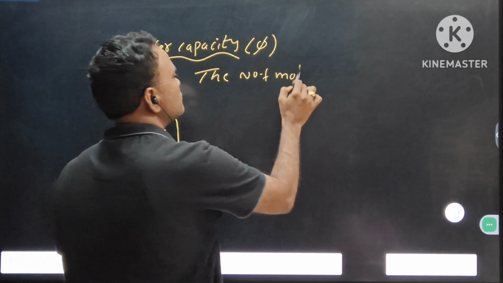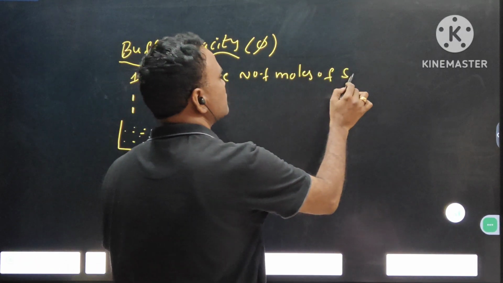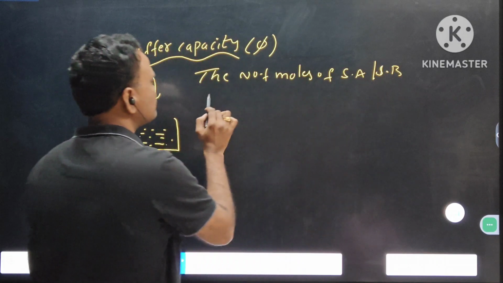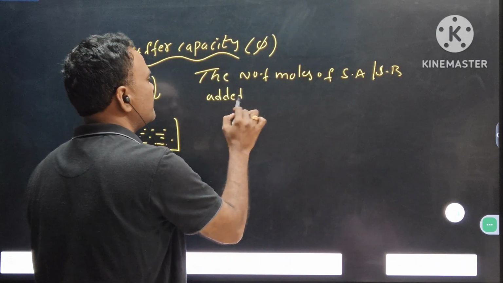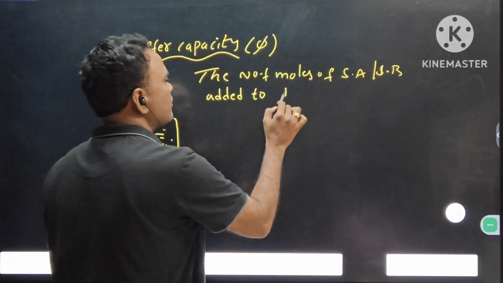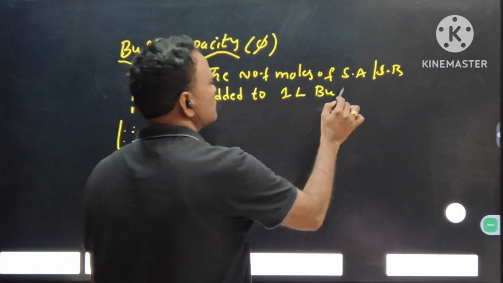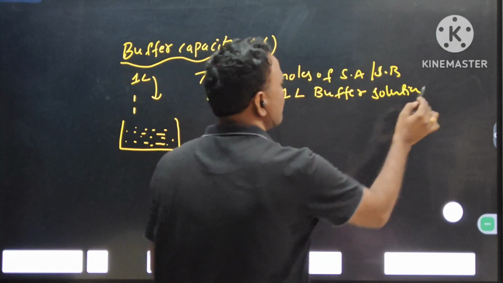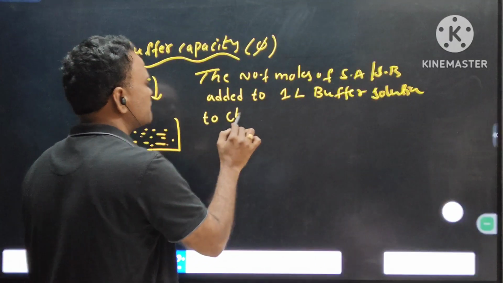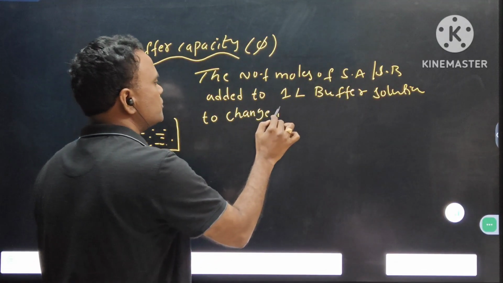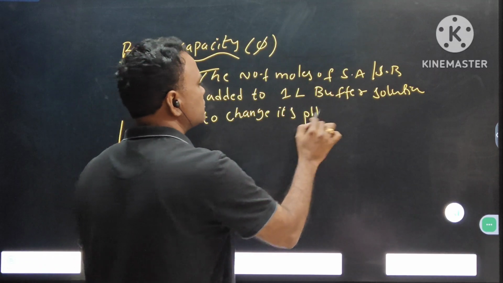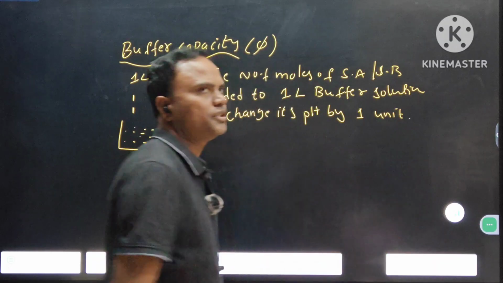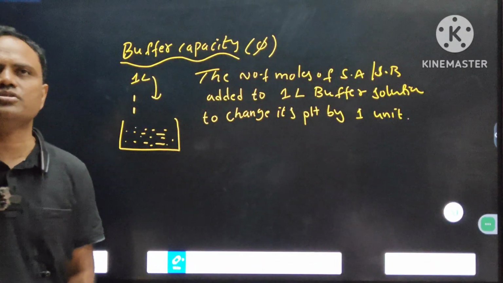The number of moles of strong acid or strong base added to 1 liter buffer solution to change its pH by 1 unit.